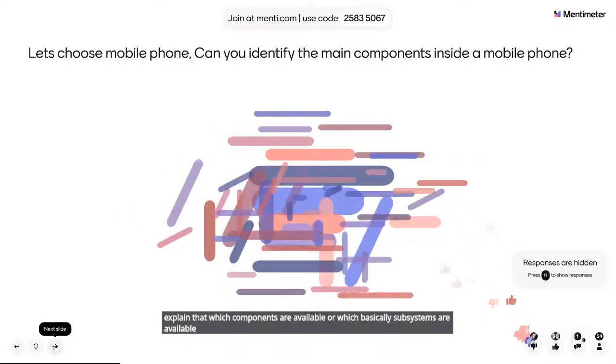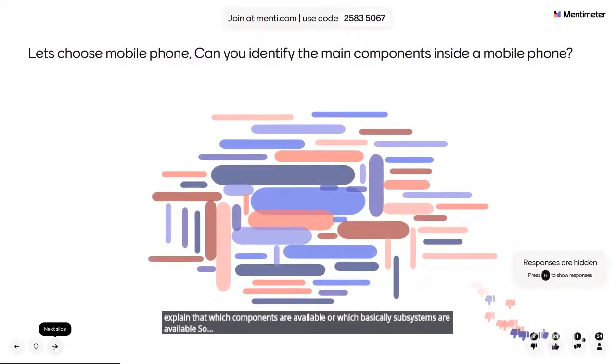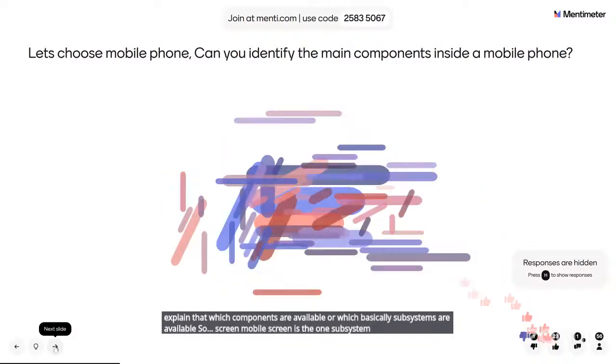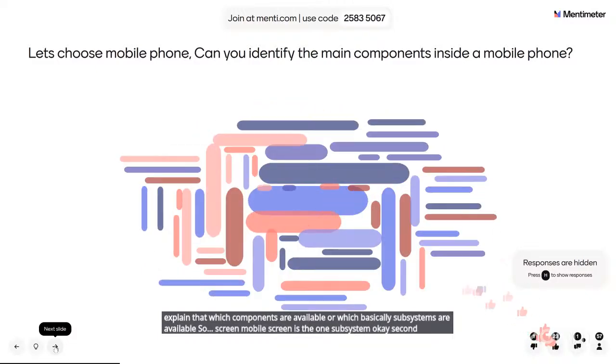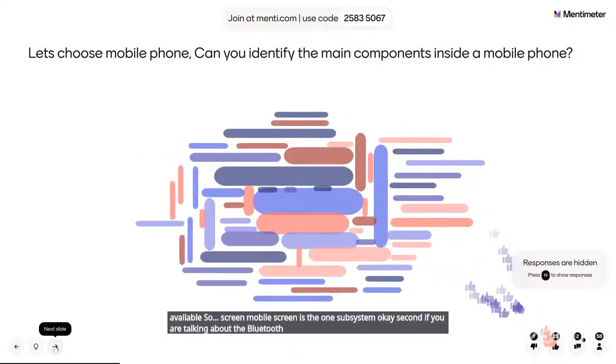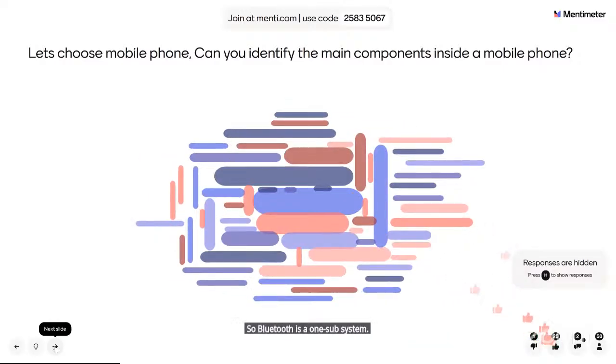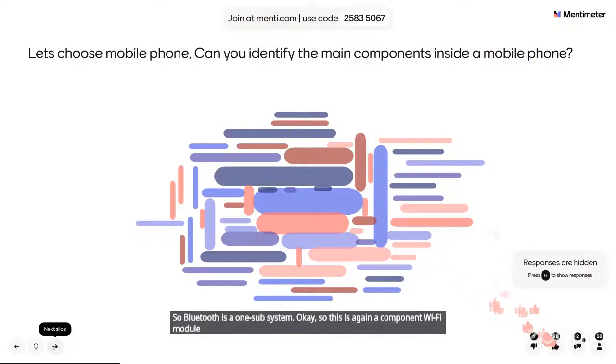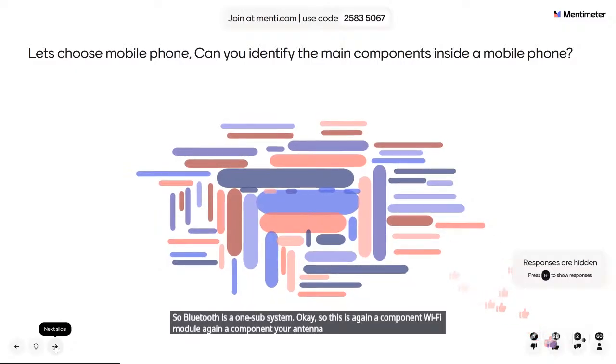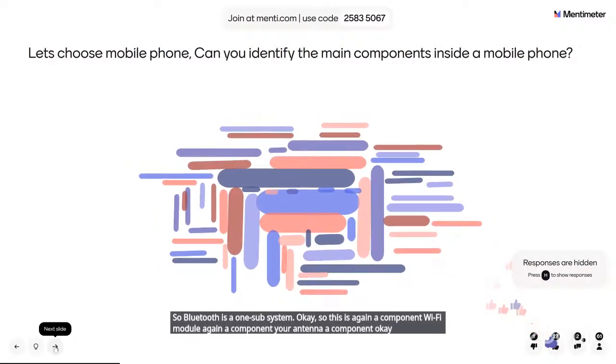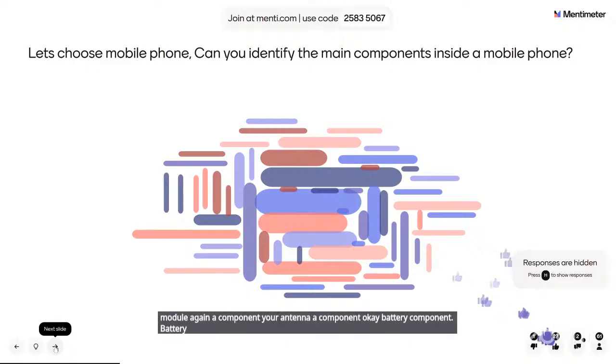Screen, the mobile screen, is one subsystem. Second, the Bluetooth is one subsystem. This is again a component. Wi-Fi module, again a component. Your antenna, a component. Battery, a component. Battery management system is again a component.